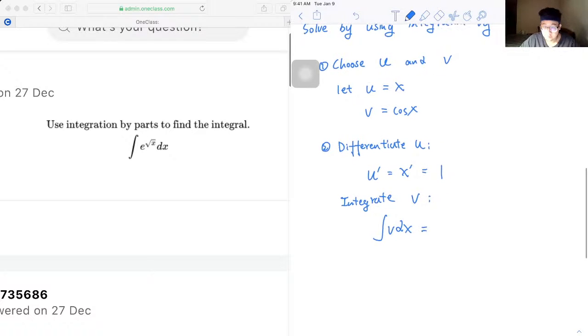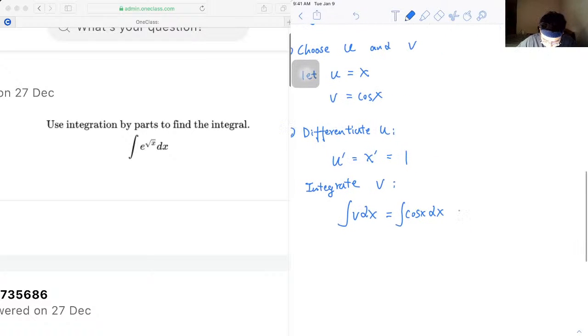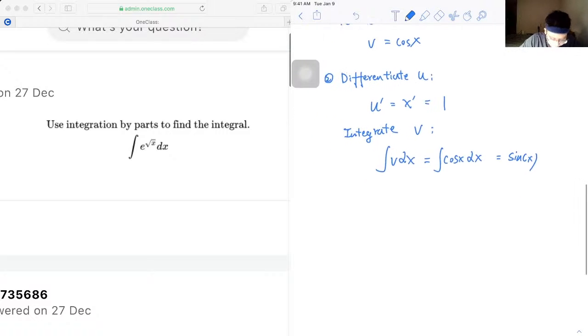As v is equal to cosine x, that will be the integral of cosine x dx, which is equal to sine x. So now simplify and solve.